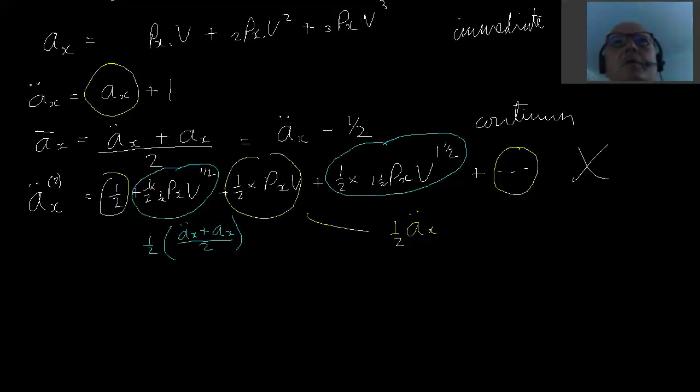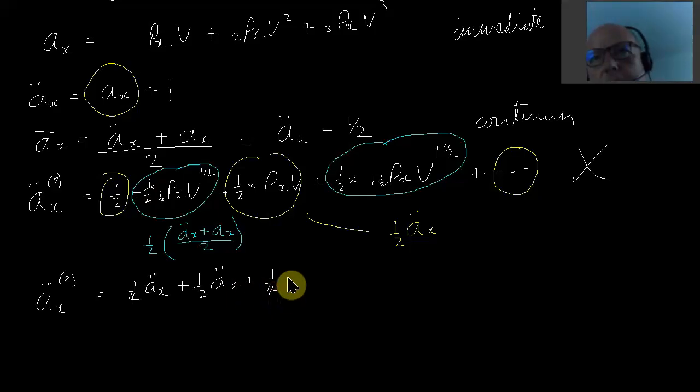Okay, so put that together, we've got ä 2x is equal to a quarter of ä x plus a half ä x plus a quarter of ax.